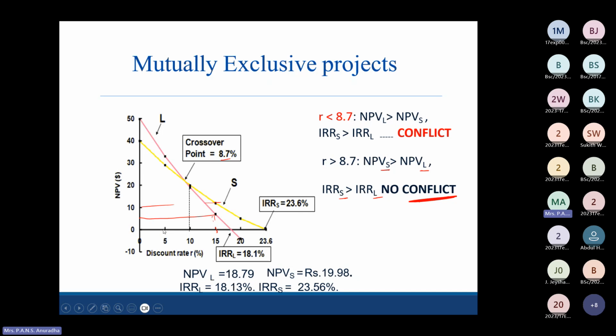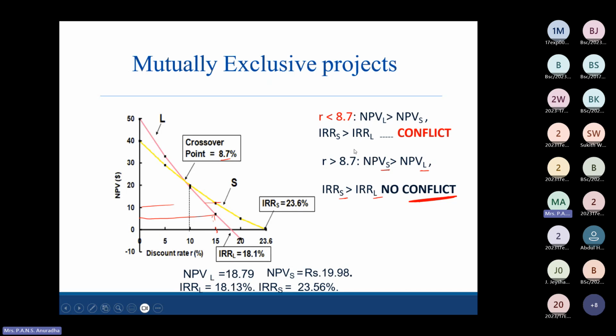But IRR assumes that cash flows are reinvested at the IRR, 18.1 and 23.6. So this is very unrealistic. This is not the reality in the market. Actually, this conflict is arising because of this unrealistic assumption in the reinvestment of cash flows.